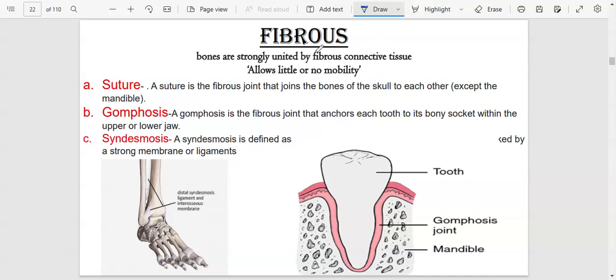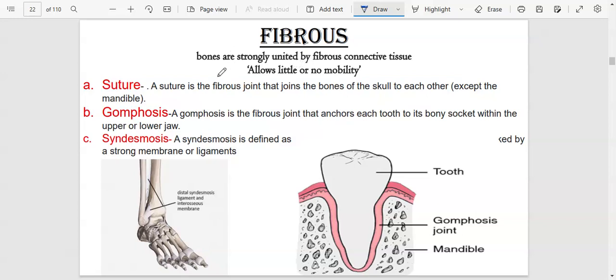Okay, so they allow little or no movement here. Not always can we classify fibrous as being synarthrosis, but all we need to know is fibrous joints are going to allow little or no movement, right?